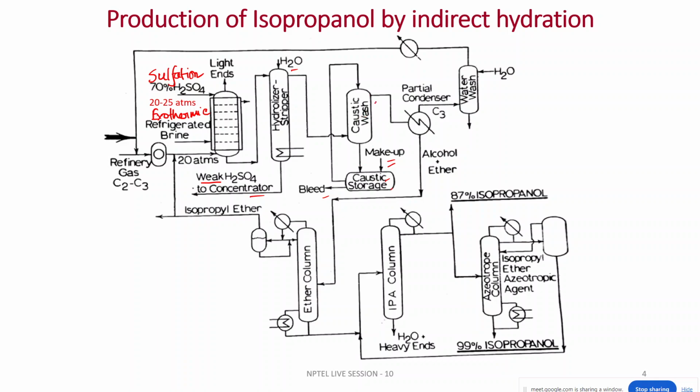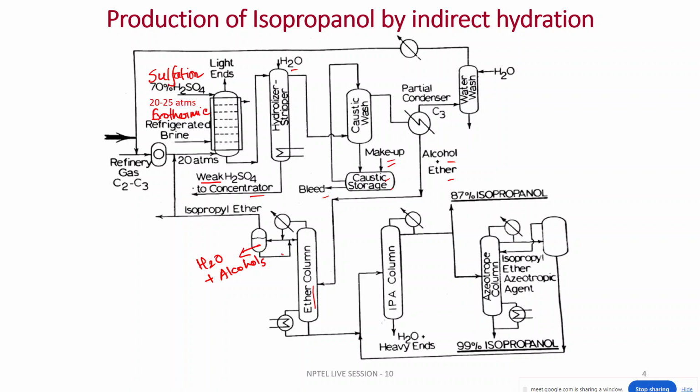After the caustic wash, the products are taken through the partial condenser, where the alcohol and ether can be condensed out and sent to the ether column, where the ether is obtained as a top product. There is a separator where the water and alcohol layer is nothing but H2O and alcohols.